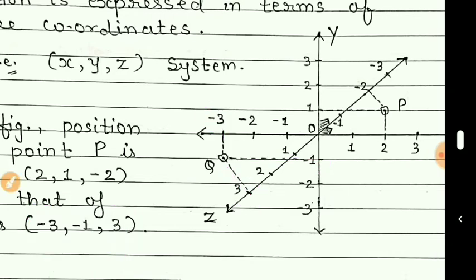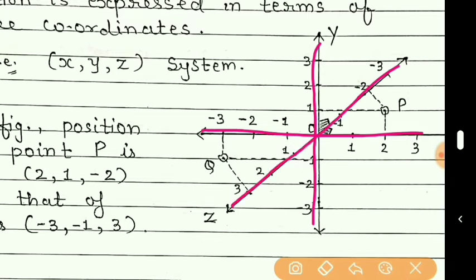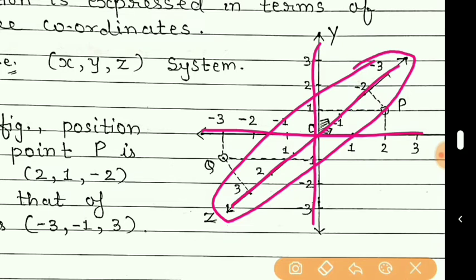Students, remember this x-axis, this y-axis, and this z-axis are mutually perpendicular to each other. You can see here this line seems not to be perpendicular. It does not look like it is perpendicular to the x-axis and y-axis, but actually it is perpendicular.